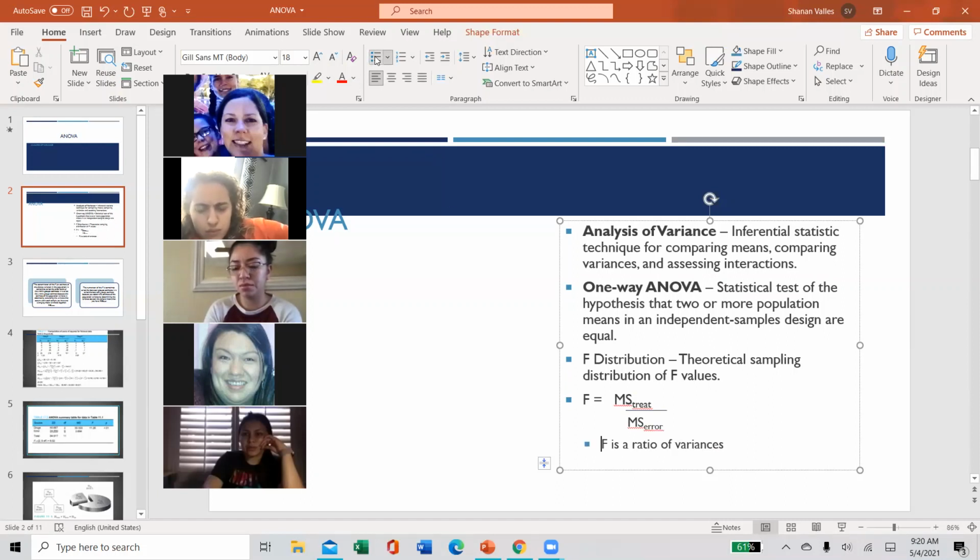You know how we use a t-distribution to find critical values, but then we also ultimately calculate a t. That's what the difference is. Here, we use an F distribution to find the critical values, but how we ultimately find F is this calculation.